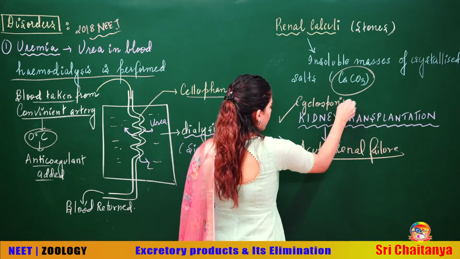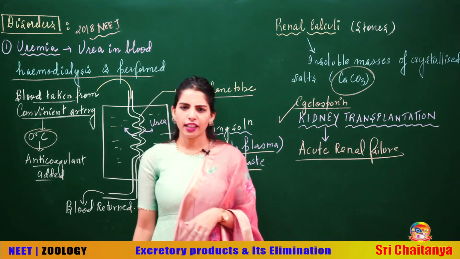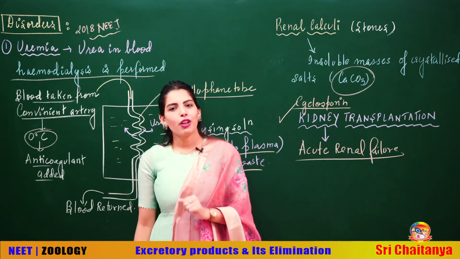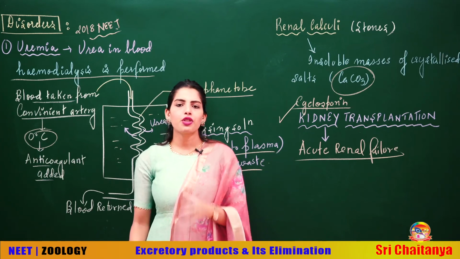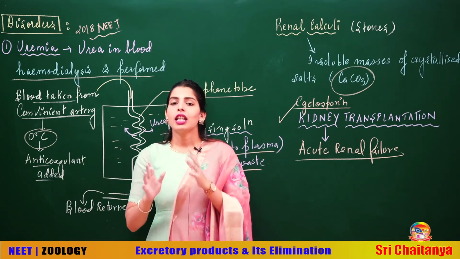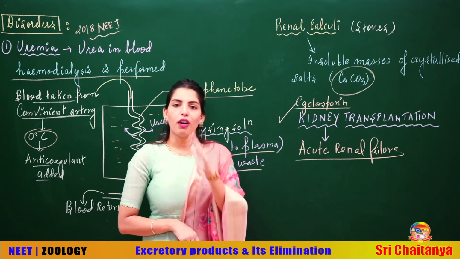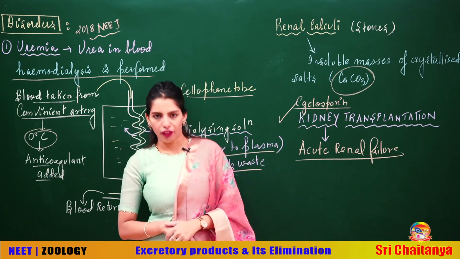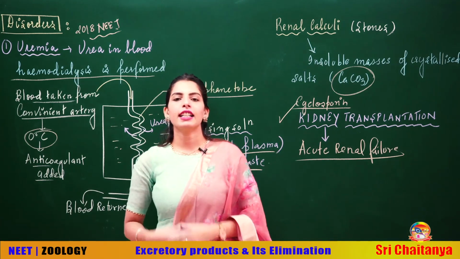Do you know any other immunosuppressant hormone that you have studied? Cortisol is also a very good immunosuppressant. So cortisol, cyclosporin may be given to prevent the unwanted immune response during the kidney transplantation performed in acute renal failure. So these are some of the disorders that were discussed in your NCERT.